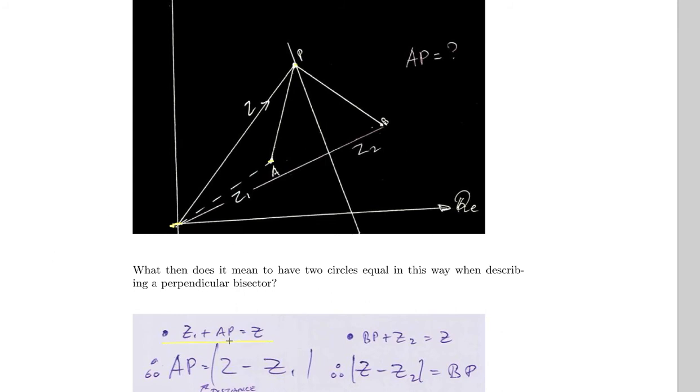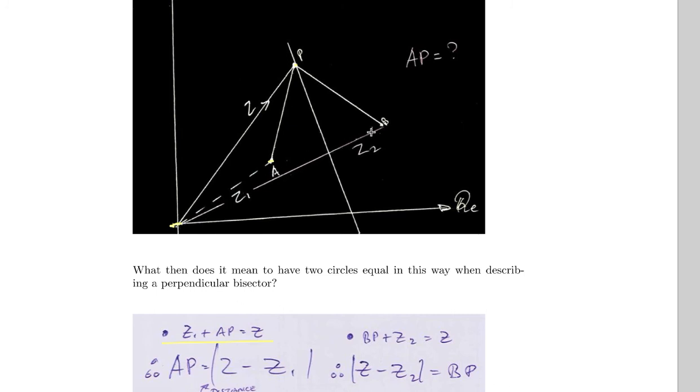Next situation, if I do BP, so I've gone from B to P. And you can say PB, it matters not in these circumstances. So if I do BP, and then I also add this Z2, so Z2 plus BP, or PB minus Z2, whichever way you want to consider it.